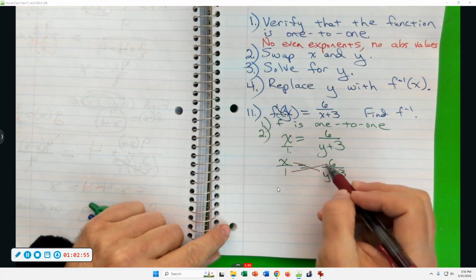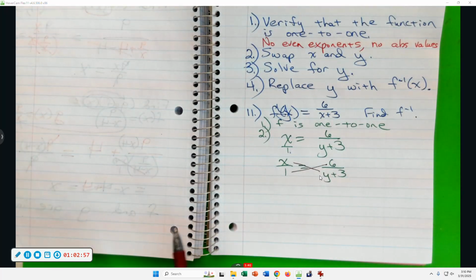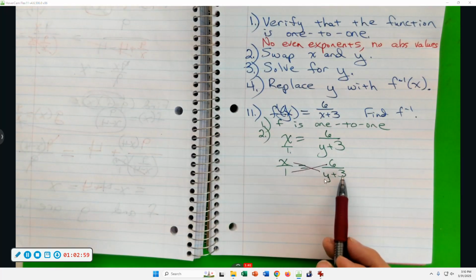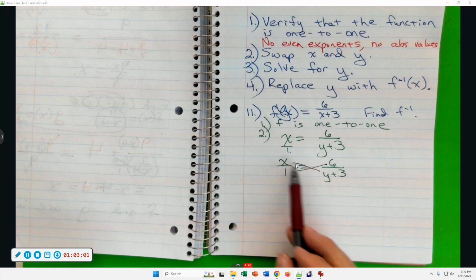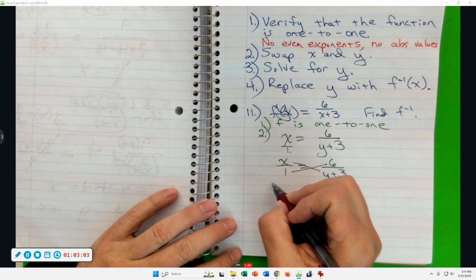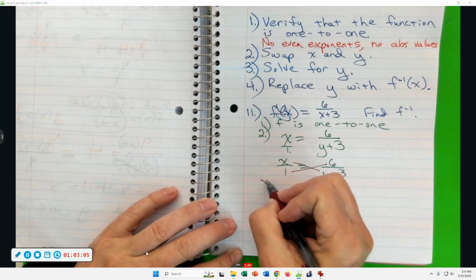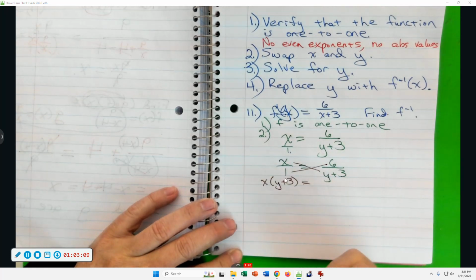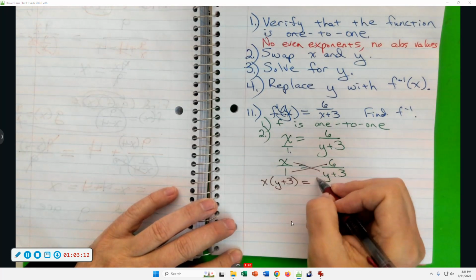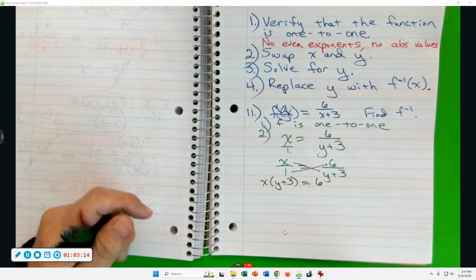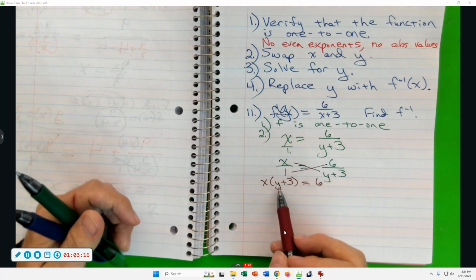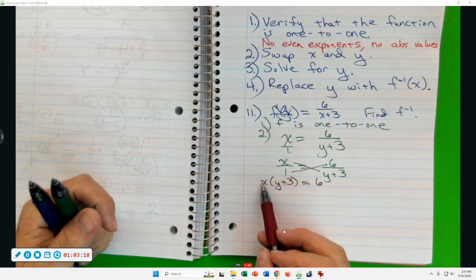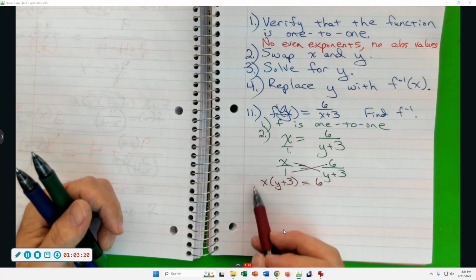Let's cross multiply. X times y plus 3, we're going to have to distribute that x. I'll write it out, x times y plus 3 is equal to 6 times 1 is 6. We want to get y by itself. I'm going to get rid of those parentheses by distributing.